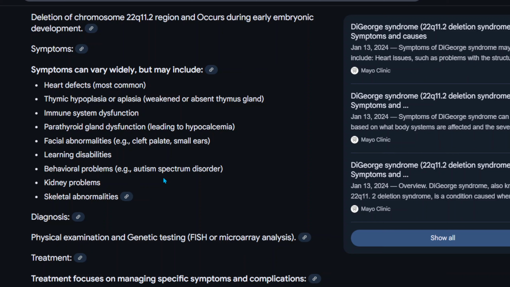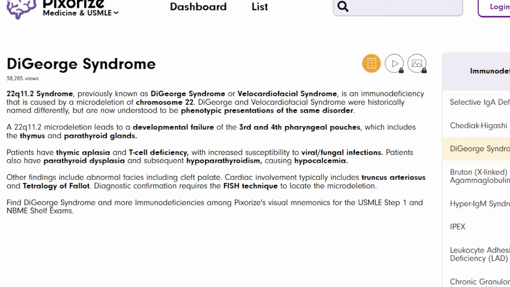and skeletal abnormalities. So DiGeorge syndrome is a 22q11 syndrome, previously known as DiGeorge syndrome or velocardiofacial syndrome. Velocardiofacial syndrome. It is an immunodeficiency that is caused by a microdeletion of chromosome 22.